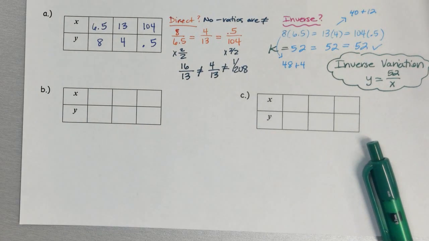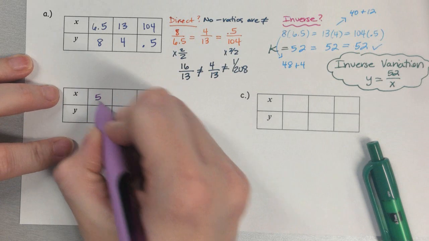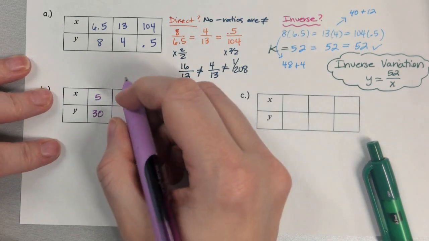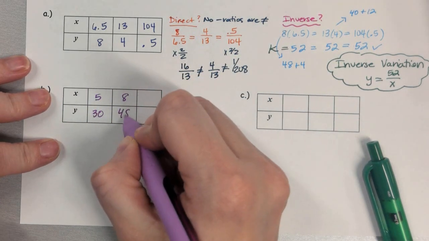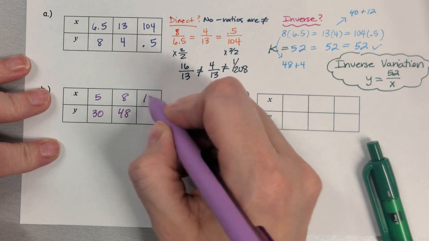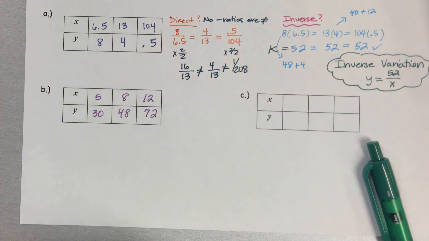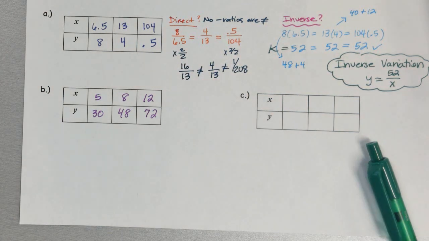All right, so I'm going to let you guys try the next one. We have 5 and 30, 8 and 48, 12 and 72. Okay, so you do need to show your work for whichever one you choose.